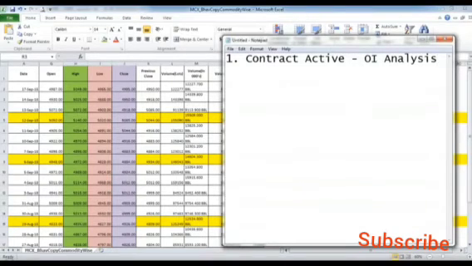So once the contract is active, only after that you do the OI analysis. That will be accurate because the entire liquidity will come in that contract. Don't try to implement it in the futures, like the next month or the far end contracts. So that is point number one.